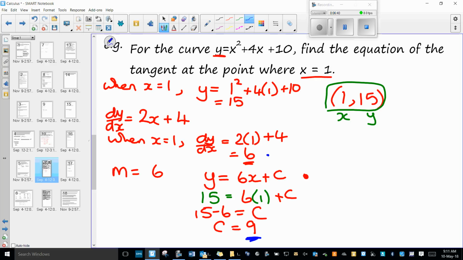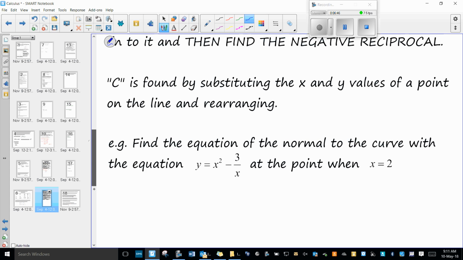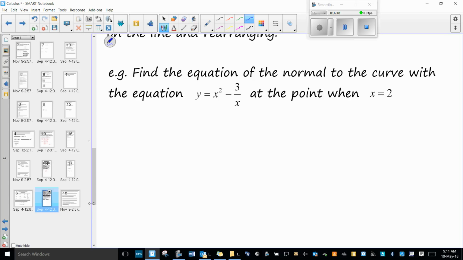Okay? So let's do an example of it. Find the equation of the normal to the curve with the equation blah blah at the point when x is 2. Okay, they've asked us again and only given us the x value. So let's first of all find our y value. So when x is 2, y is 2 squared minus 3 over 2.